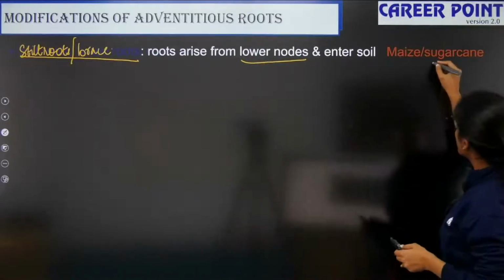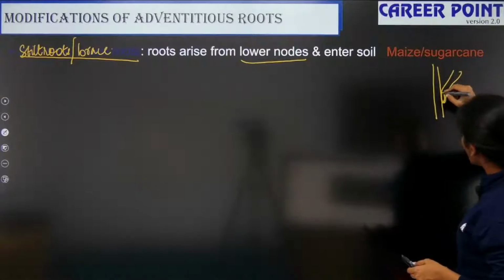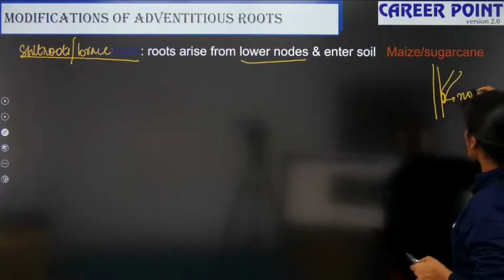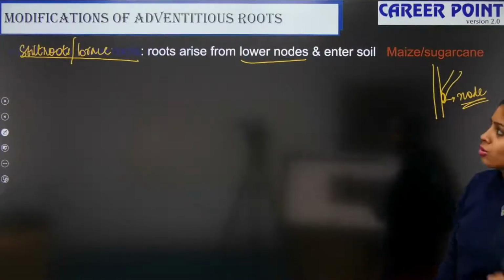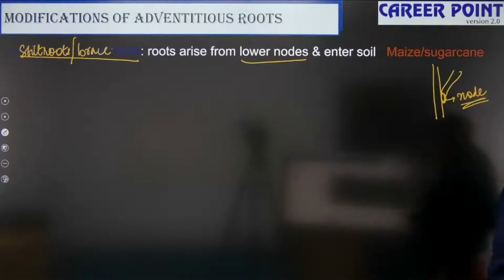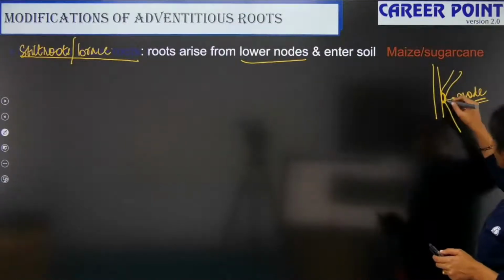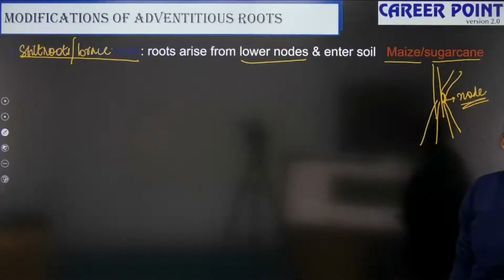So what is a node? So you have a plant, the place on the stem where your leaf arises, so that is called as your node. So the stilt or the brace roots is where the roots arise from the lower nodes of the plant and it enters the soil. So from here it enters the soil. So example is your maize and sugarcane here.